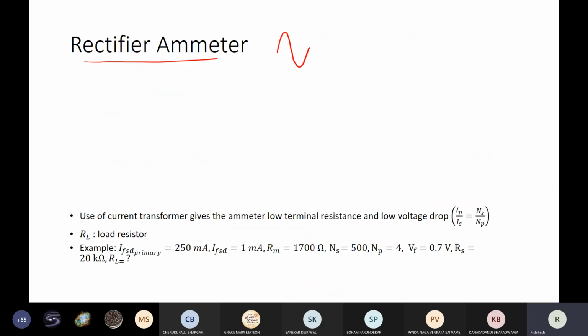So in the case of an ammeter, what is the requirement in terms of the loading effect? What should be the resistance offered by the ammeter? Ideally it should be 0, right? And what is the voltage drop across the ammeter called?